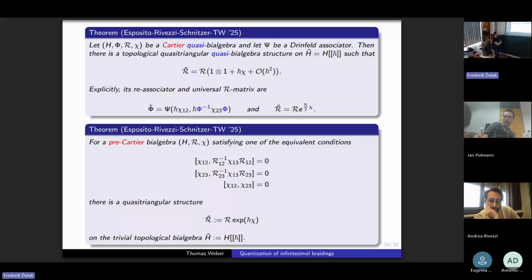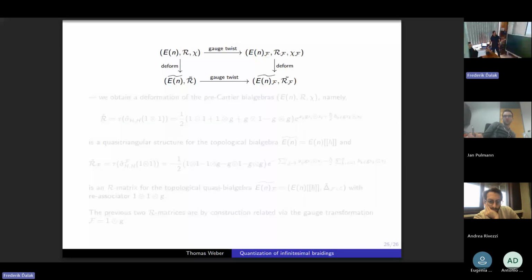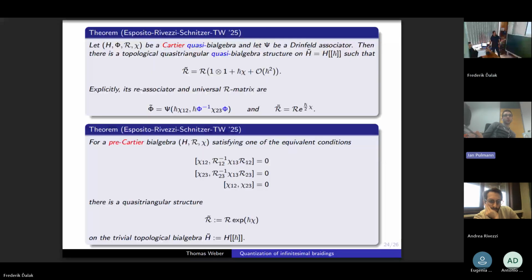Yeah, but I wanted to say if you are asking for examples where this is satisfied, you can take any of the Pn algebras with any R and any chi, and all of them will satisfy this. Oh, also so they of course commute. Yeah. The infinitesimal braidings. Okay, I see. Okay, that's interesting. Thank you.